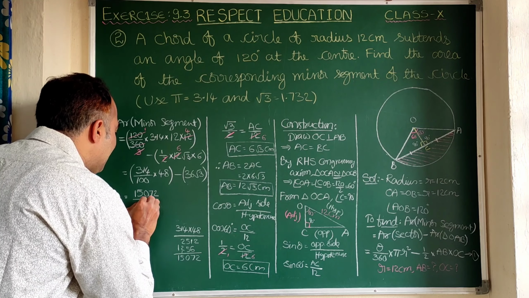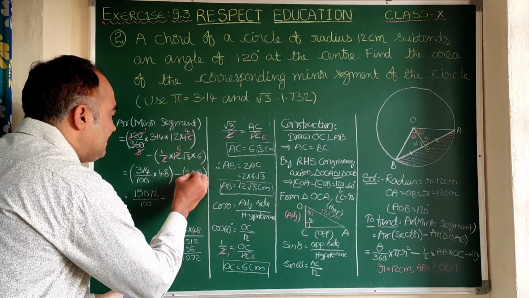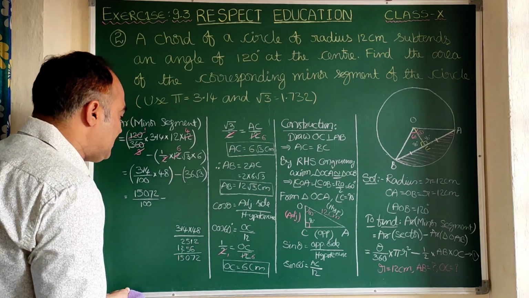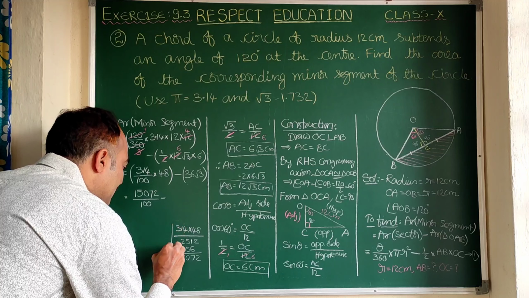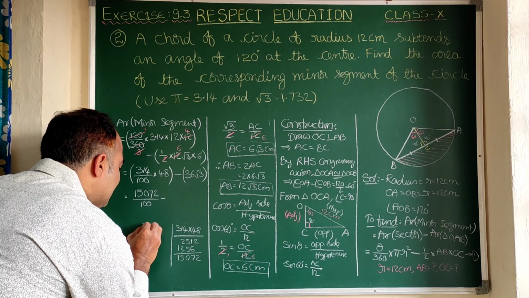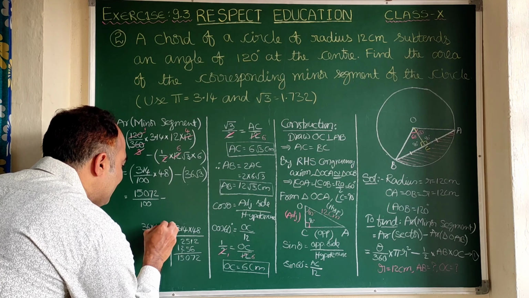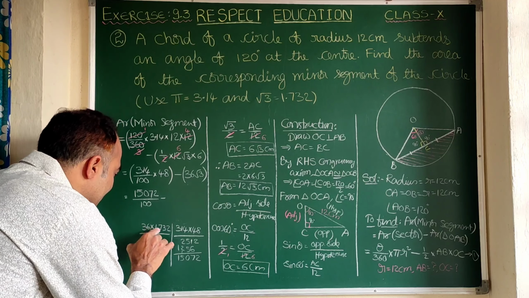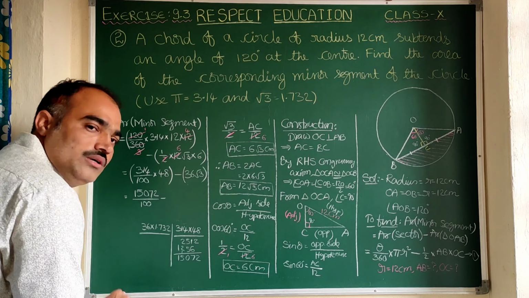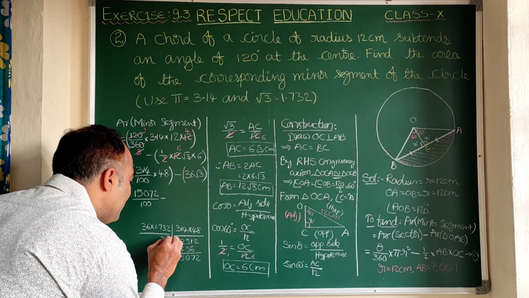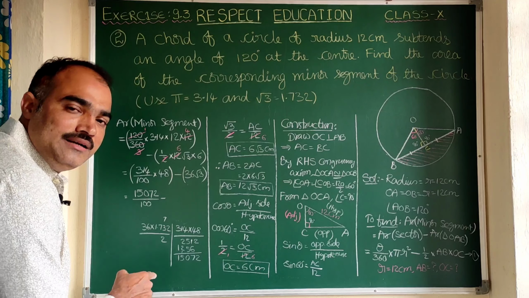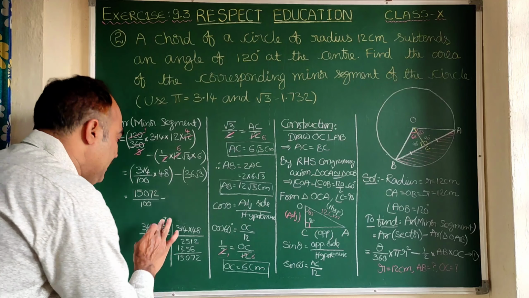It is 15072 by 100 minus 36 into root 3, and root 3 is 1.732. Let us multiply that value, 36 into 1.732. So here 36 into 2: 36 twos are 72, 7 is the carry forward. 36 threes are 108, 108 plus 7 is 115.